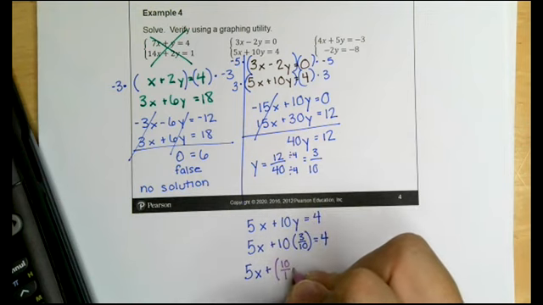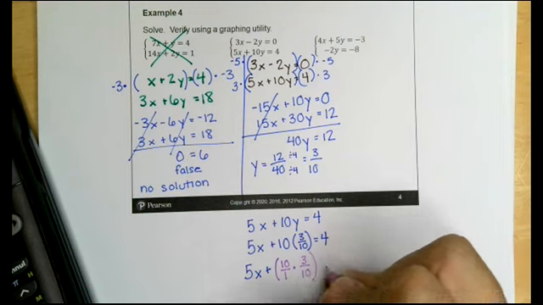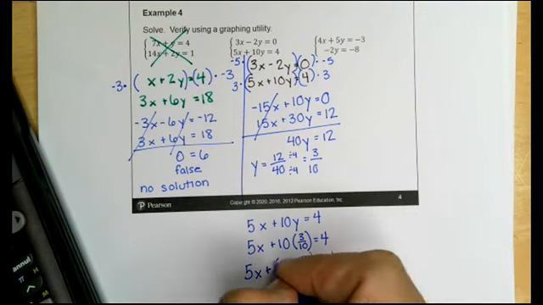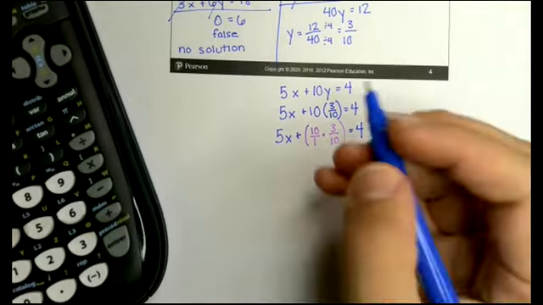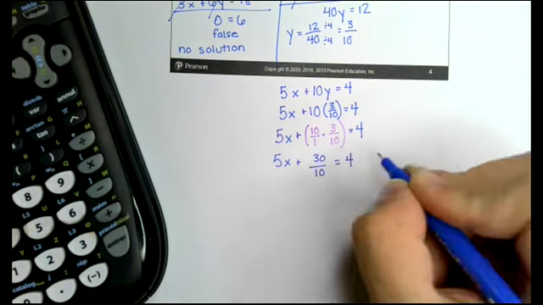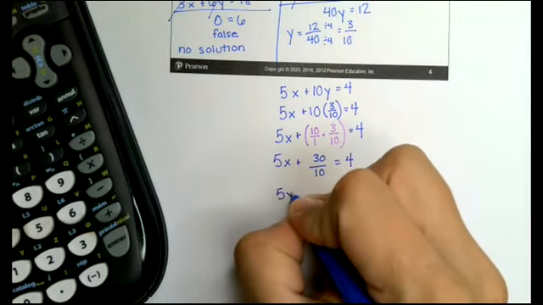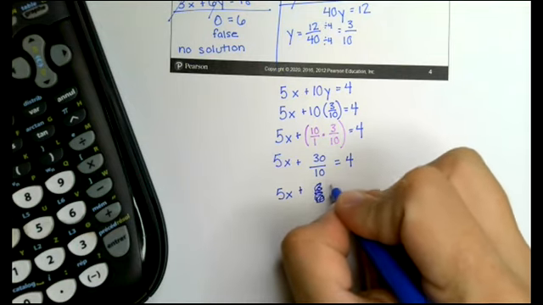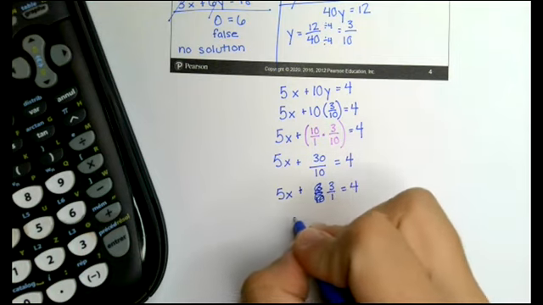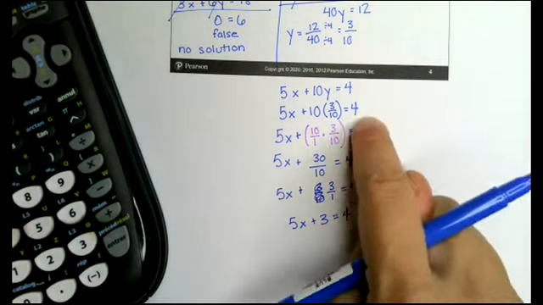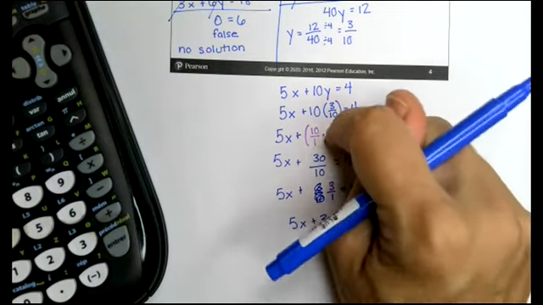So 10 over 1 times 3 over 10, and then we go straight across, or we can just eliminate the tens. 5x plus 3 over 1 equals 4. 5x plus 3 is 4. You can either multiply straight across, or you can look and say the 10s cancel each other out, and it's 3 over 1.